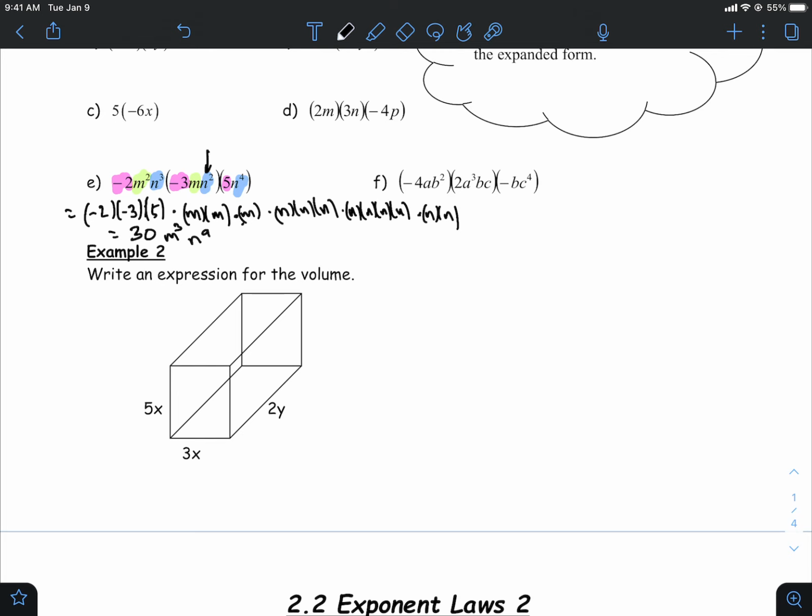Anybody know? Paulson? Length times width times height. Okay. So it's length times width times height. That'll be the height, or vice versa. Doesn't matter. You want that to be the length. It doesn't matter how you label them.